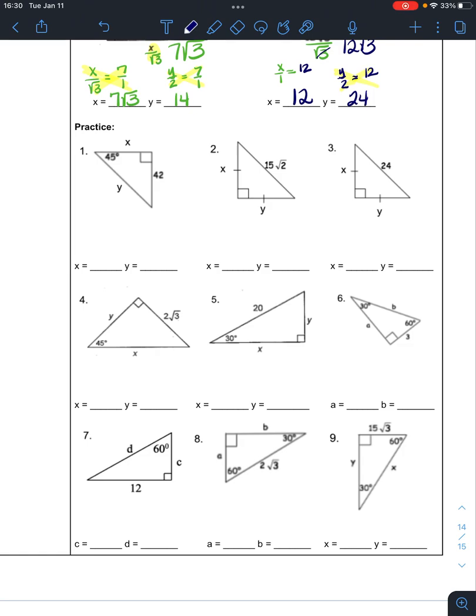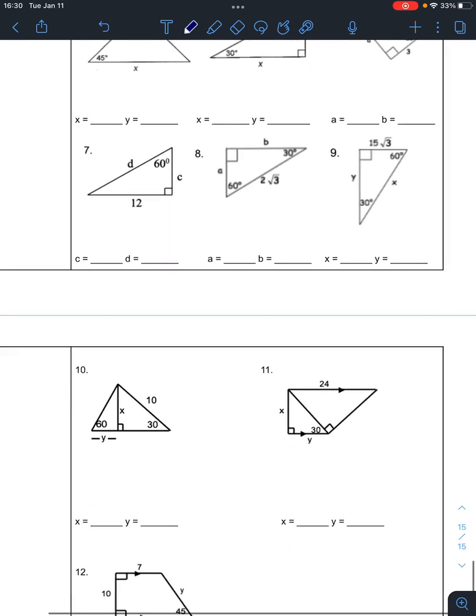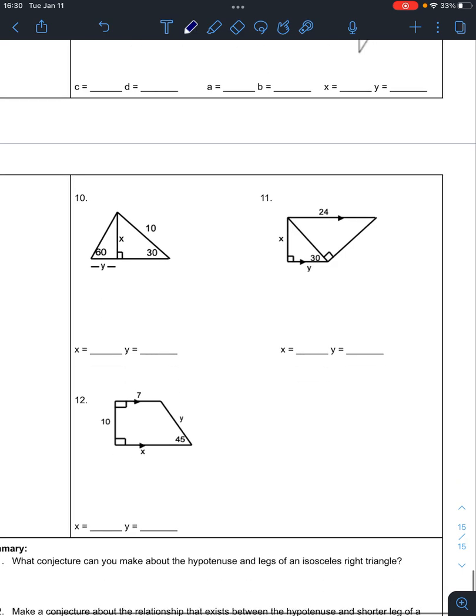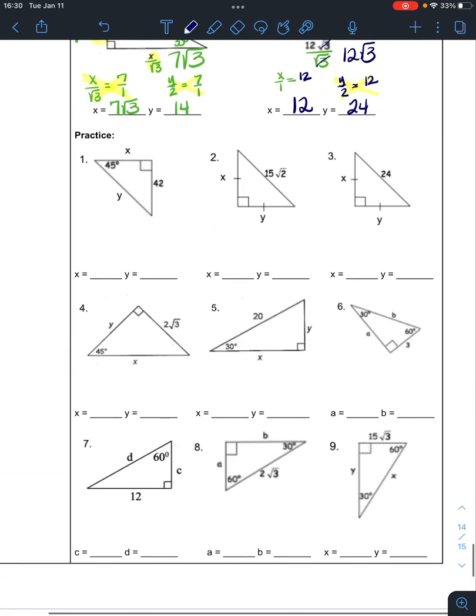Okay, now I recommend that you turn the video on pause for just a second and work through these next at least 9 problems, and we'll come back and work 10 and 11 and 12 because they're a little more complicated. 1 and 2 are very straightforward. 3 and 4 are a little more complicated. 5 and 6 are straightforward, and then 7, 8, and 9 are a little more complicated.